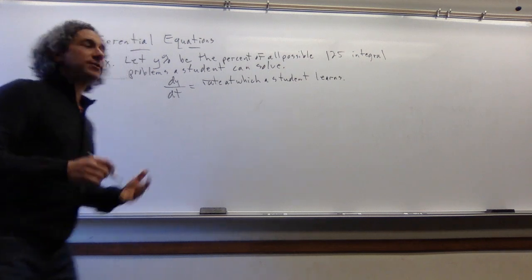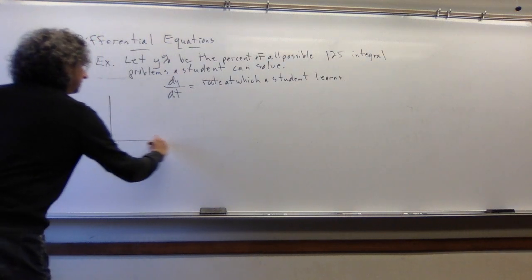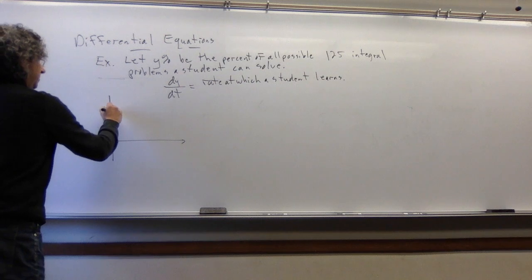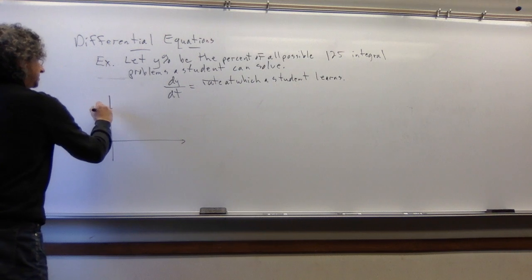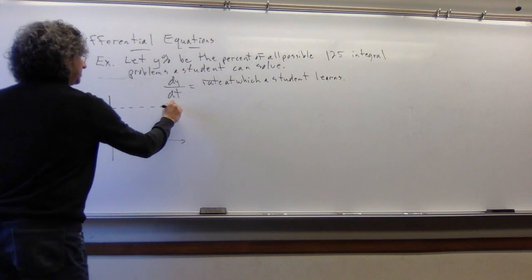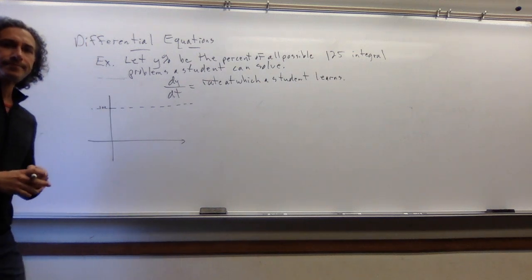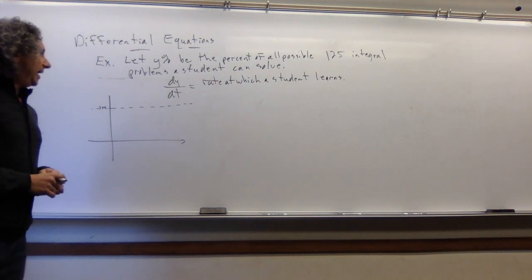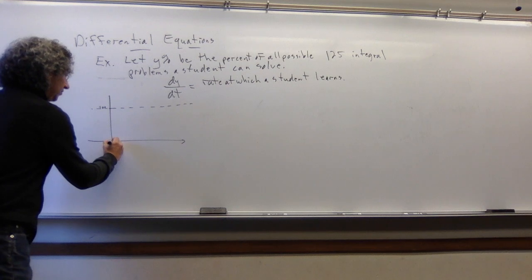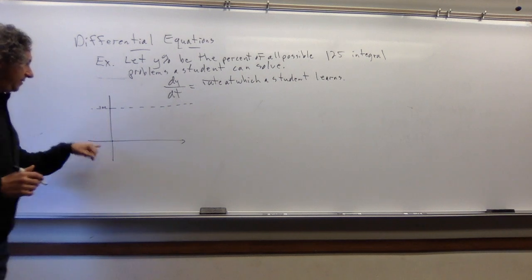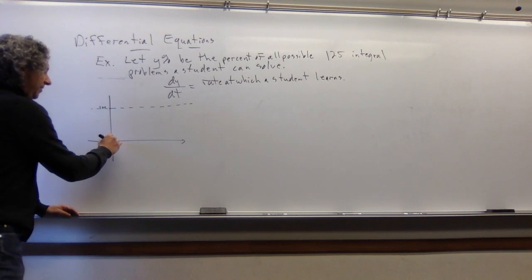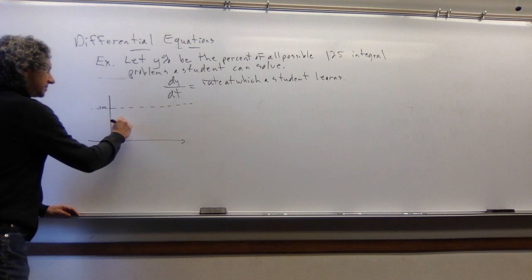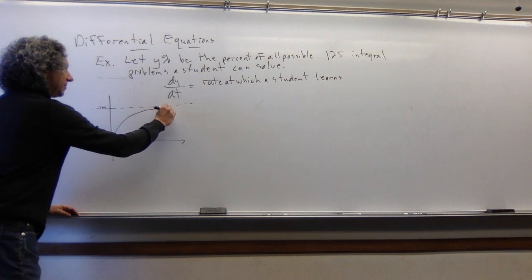and then as the process matures, you actually slow down the learning rate. So what might that look like? One possible way of sketching this is if we imagine 100% up here, and let's imagine that we're never going to be able to solve every single problem. I know I can't. If you're learning faster and faster at first, then at first you know 0, and then you're going to slow down the learning as time goes on.